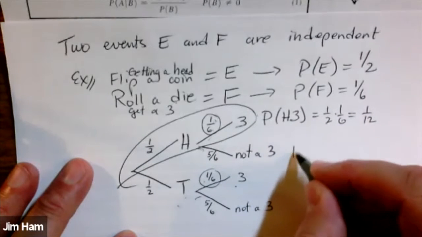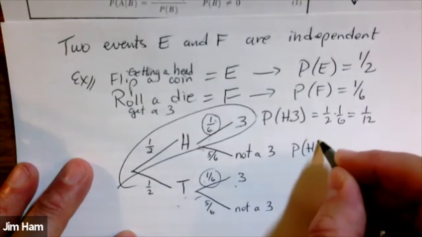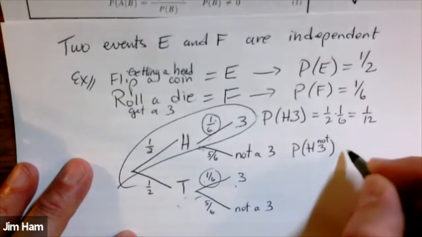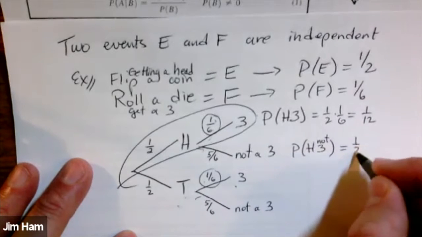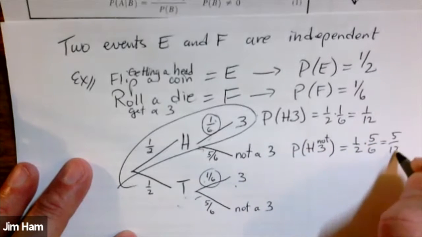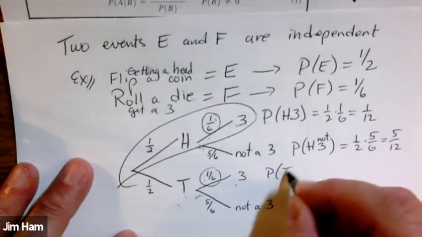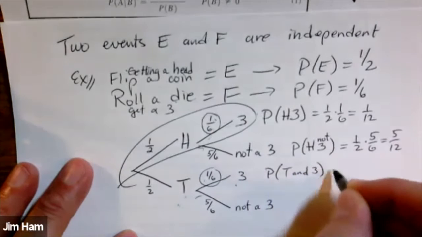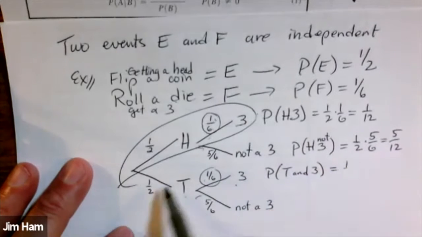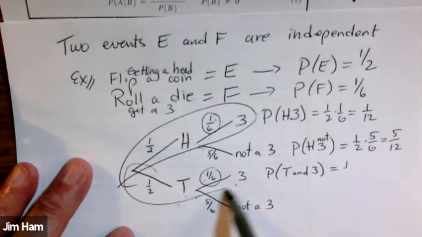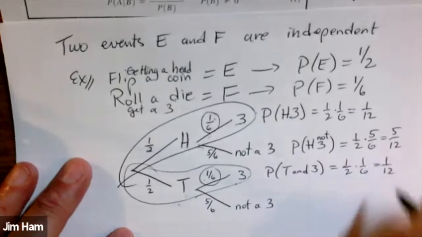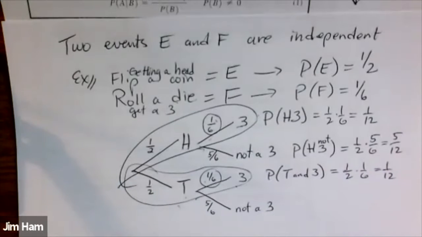This one here would be the probability of getting a head and then not a 3, which is 1/2 times 5/6, or 5/12. And you can continue this way all the way down. The probability of a tail and a 3, well, you'd follow this path, 1/2 times 1/6, 1/12. And you can do this over and over again.